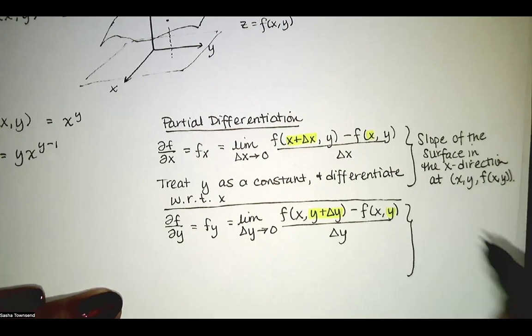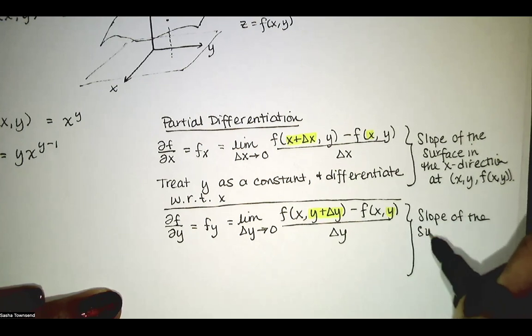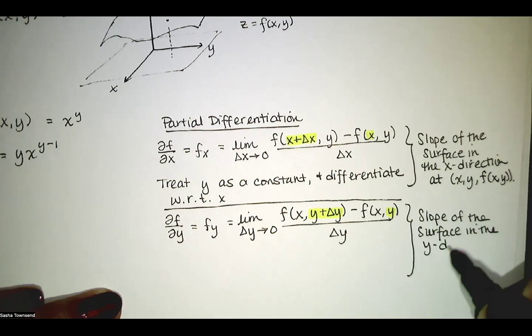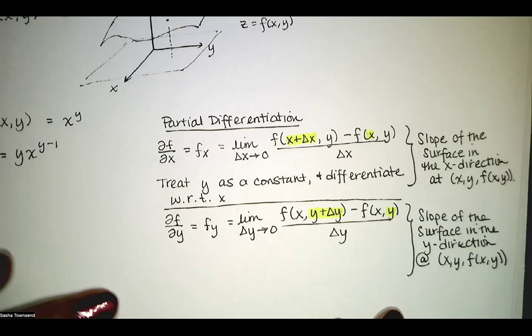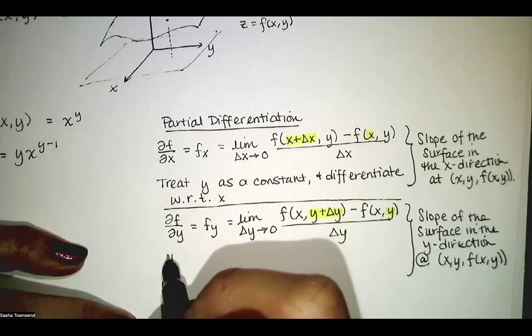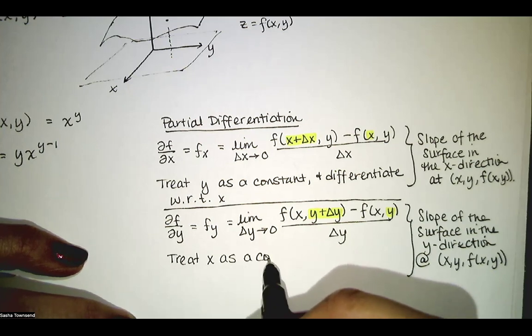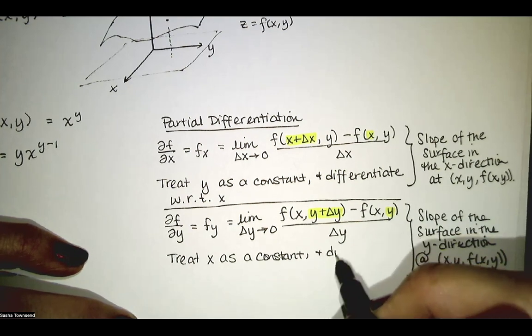This is the slope of the surface in the y direction at x, y, and f of x and y. Now, if I'm finding the slope of the surface in the y direction, I just treat x as a constant and differentiate with respect to y.